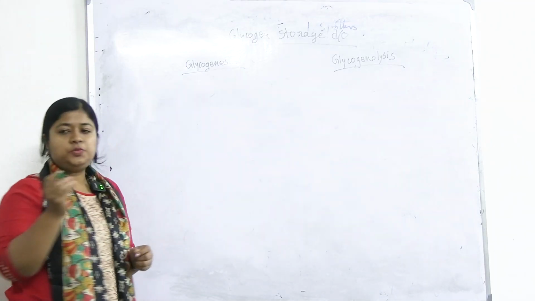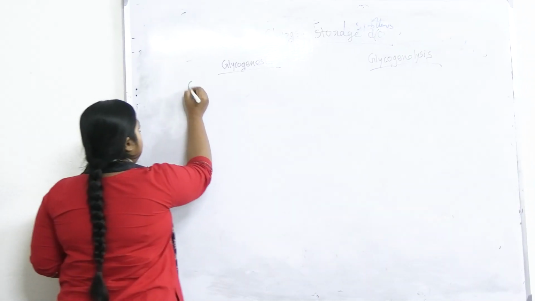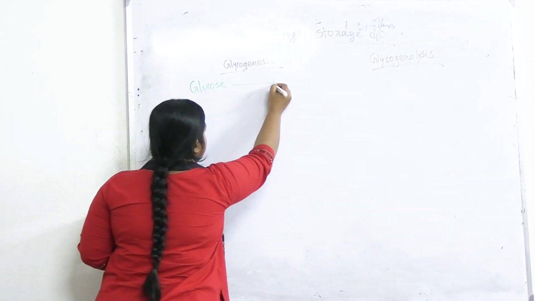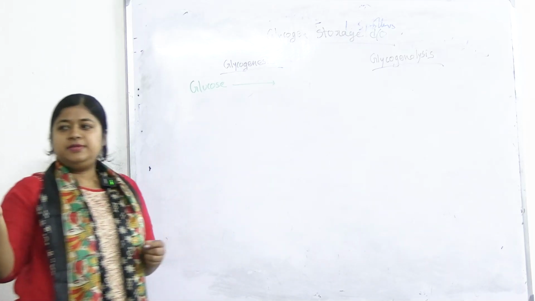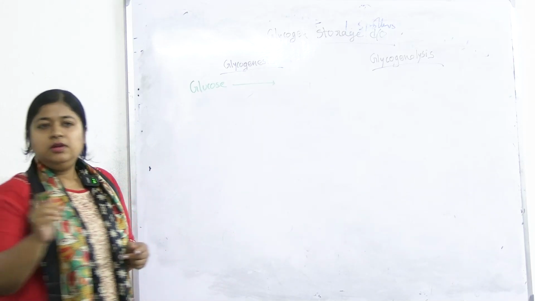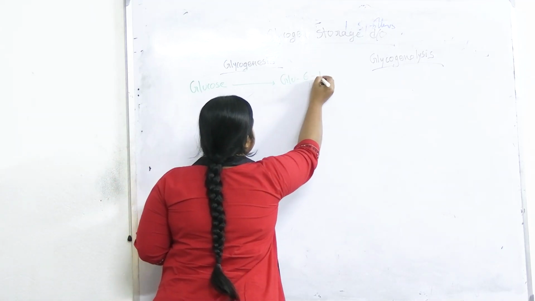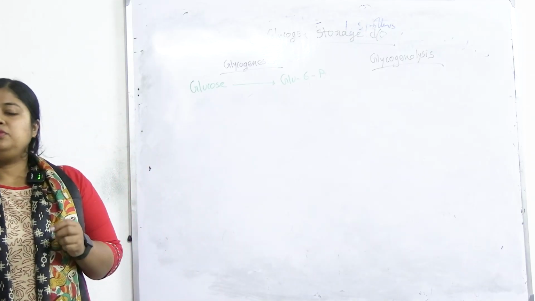Very good. So what is the source for glycogenesis? What is the source product or origin product? Glucose. So glucose is converted to glycogen, but what are the steps? Initial step, glucose 6-phosphate, always. To activate glucose or to start any metabolic procedure, we have to activate the glucose by adding phosphate.